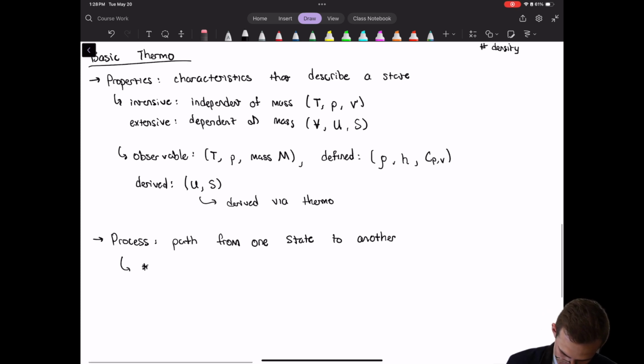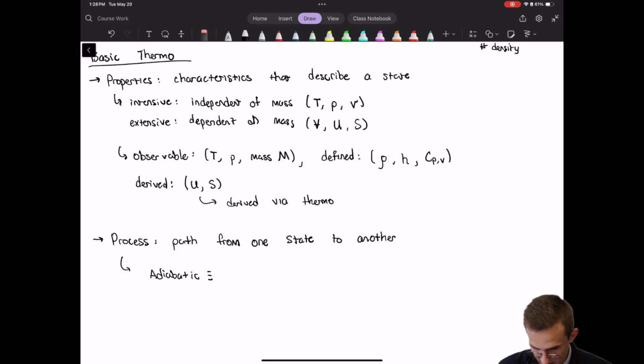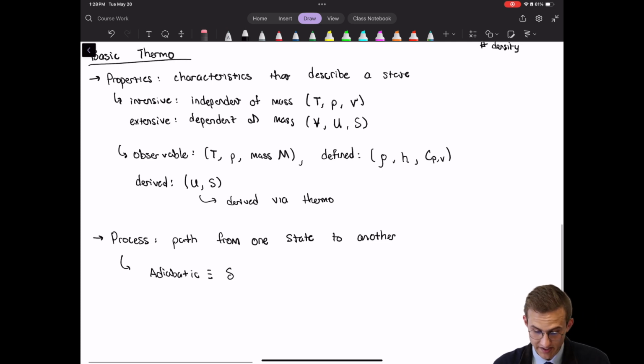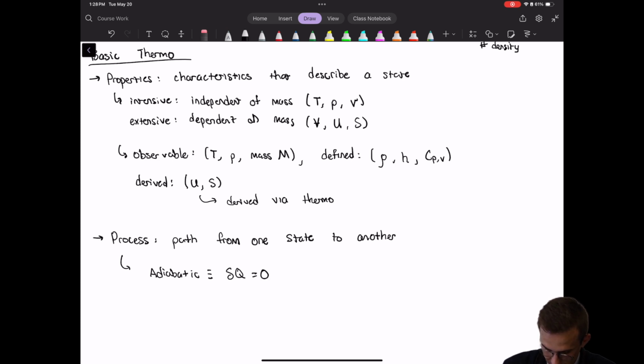If it is an adiabatic path, adiabatic is defined as a process where there's no heat transfer occurring. The way I would denote this is with the curly d, delta lowercase q, equals 0.